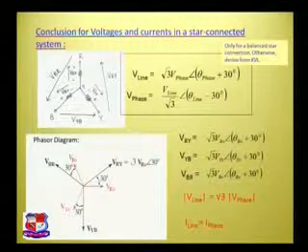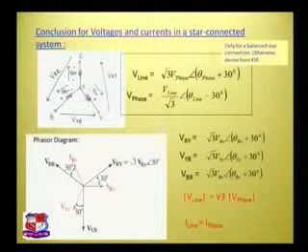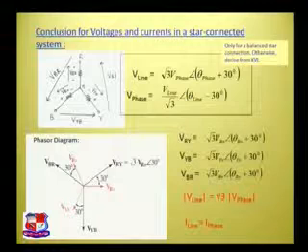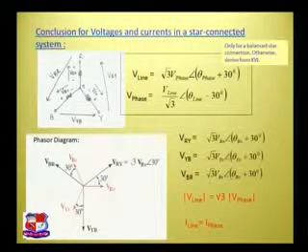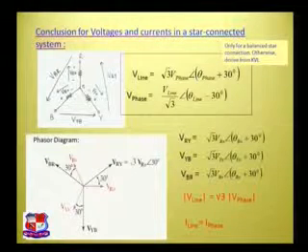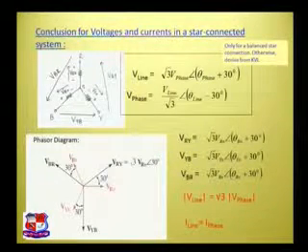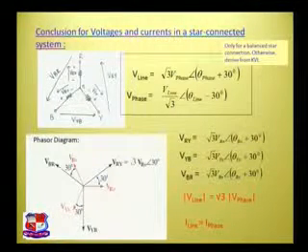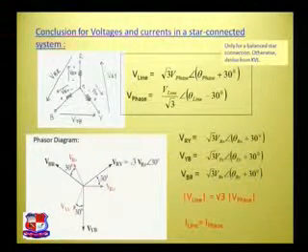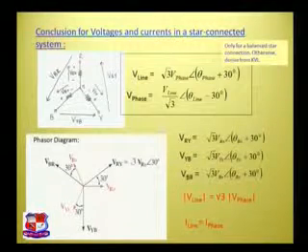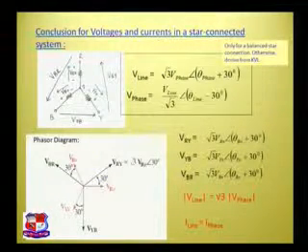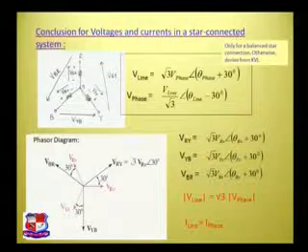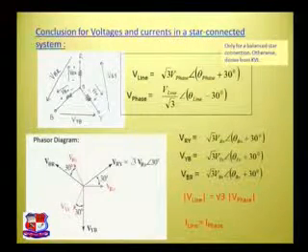In the phasor diagram you can see first the red line, VRN, at 0 degrees, then VBN, then the other VYN, and also VRY, VYB and VBR. They are also 120 degrees from each other. Then you can define in the previous style, VRY is equal to root 3 into VRN at 30 degrees.